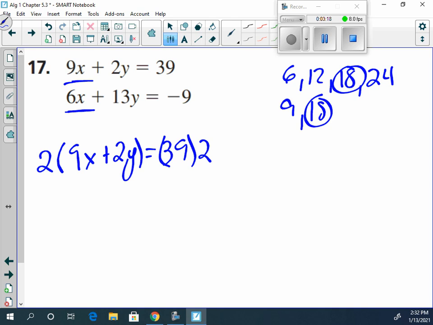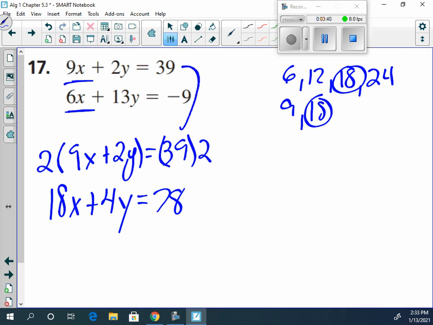Well, 2 times 9x is going to be 18x. 2 times 2y is going to be plus 4y. So we just took the top equation and multiplied it by 2.